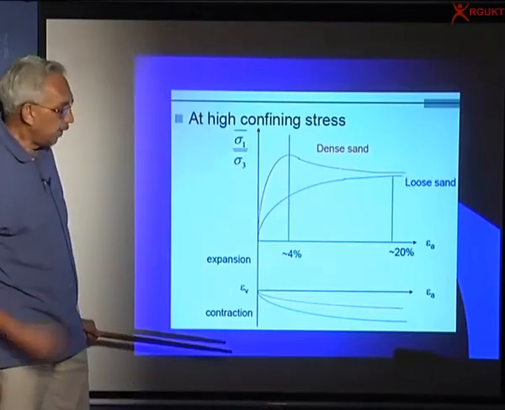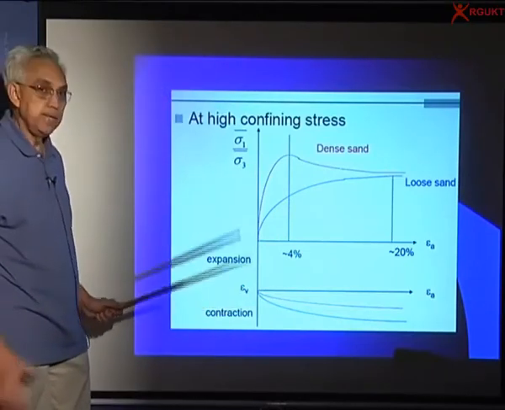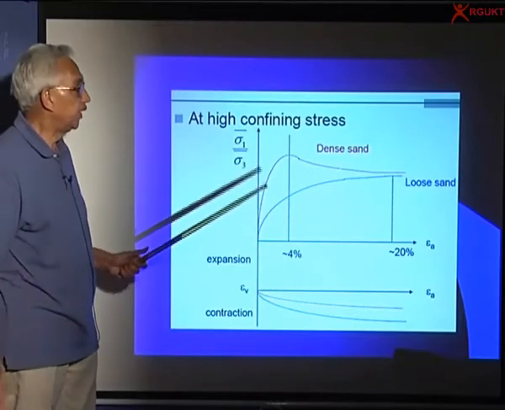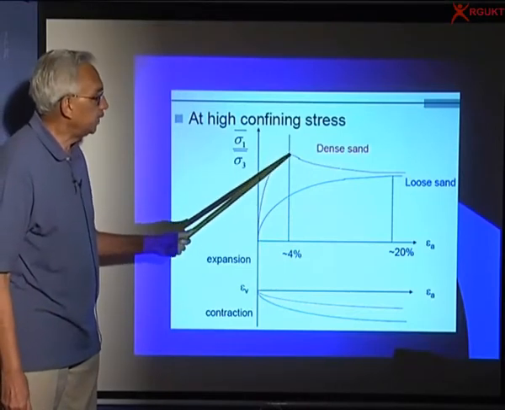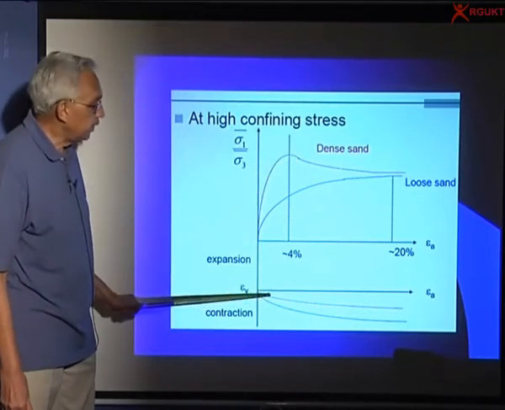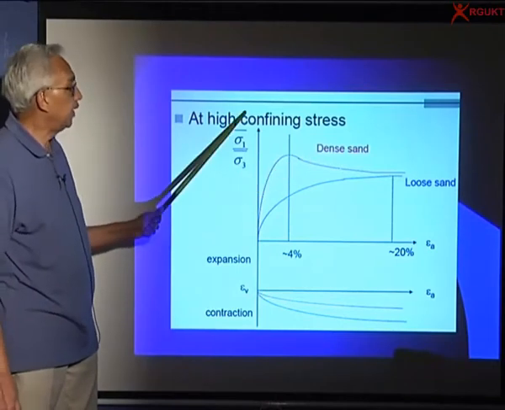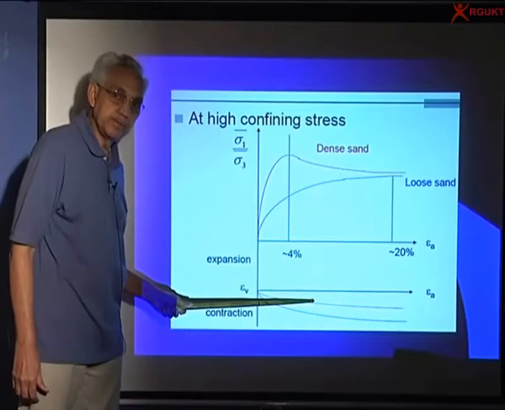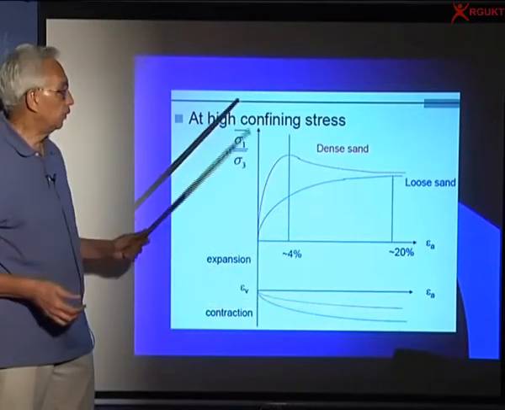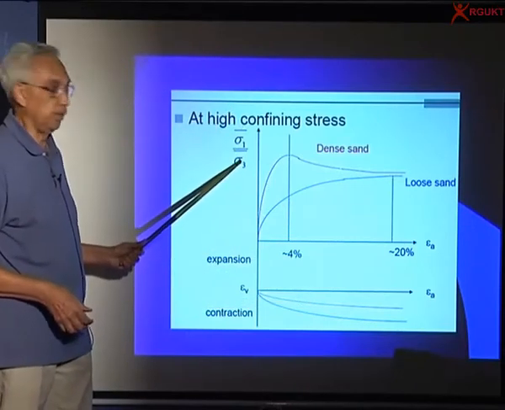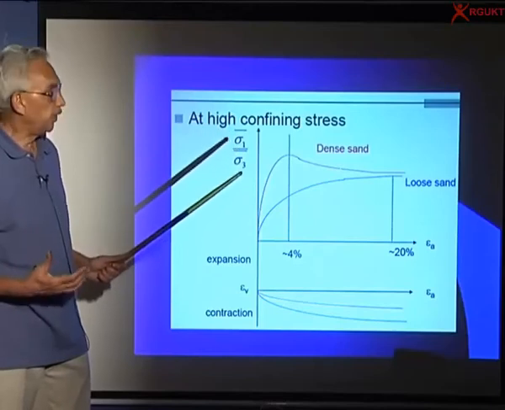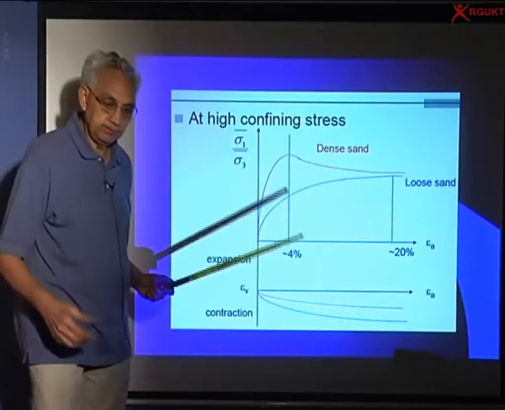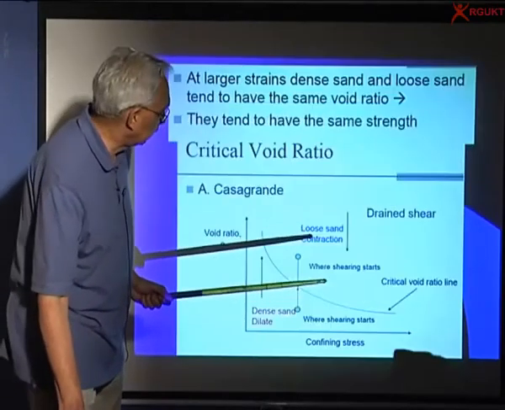And at high confining pressure, even dense sand does not dilate, and you will find that the peak is much lower now. Here, if I look at dense sand with high confining pressure, you will find it may compress. So dilation is possible only when sigma 3 is small. Under low confining pressures, the chances of volume increase are there.